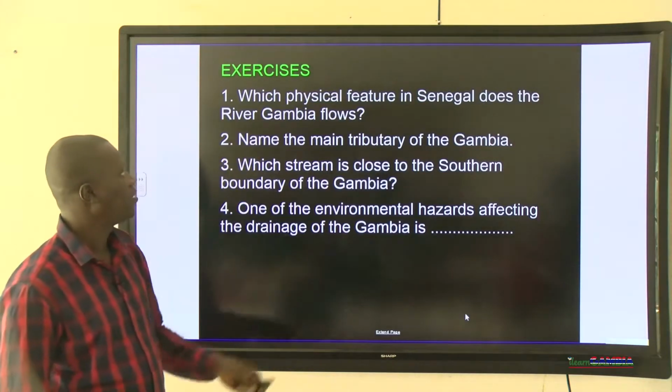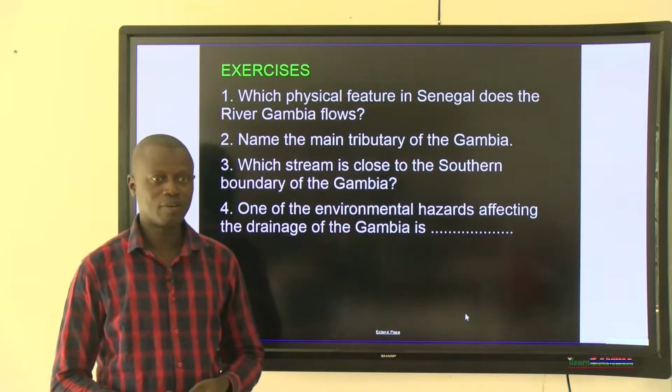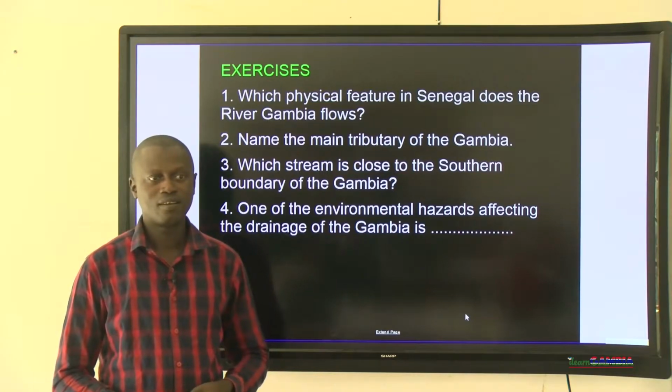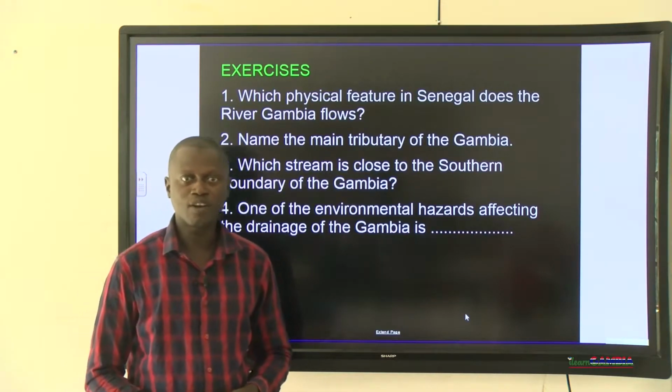The answer is Barakunda Falls. This is a physical feature located in the Republic of Senegal.